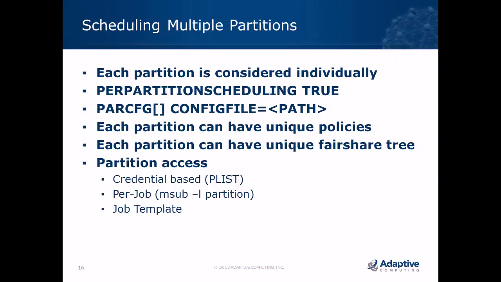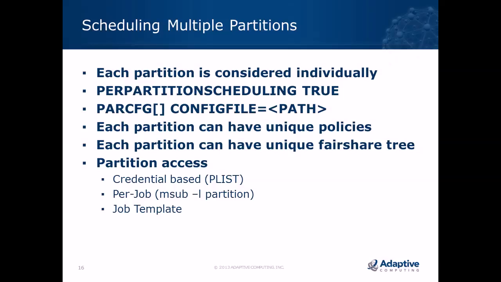So we have some sites who are doing grid configurations, and they have multiple clusters running under a single Moab. But what they want is they want user A to have a higher priority when his job is evaluated on cluster A. But when that same job is evaluated on cluster B, that job should have a much lower priority. There's another group that has a higher priority.